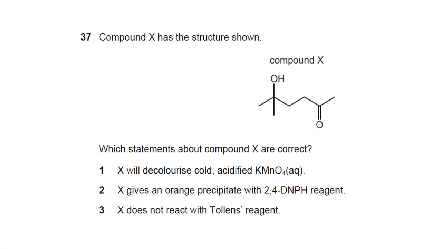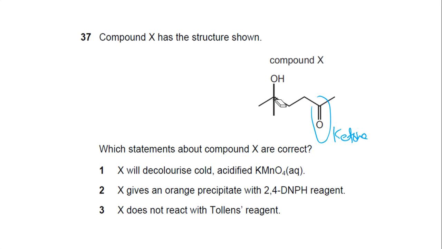Looking at this compound X, we can see that this is a C double bond O, which is a carbonyl, and in this case it's a ketone because it is attached to carbon on one side and carbon on the other side. So let's clear that up. We know that this is a ketone. And the other group, if you note, is an alcohol, because OH is attached to a carbon.